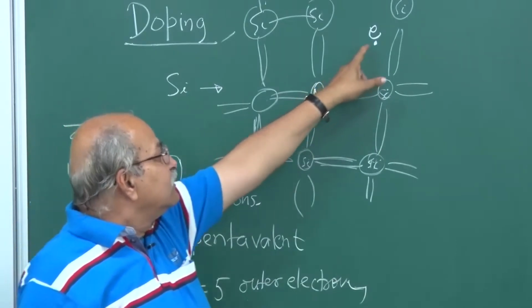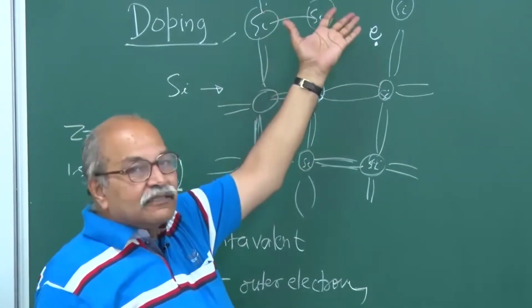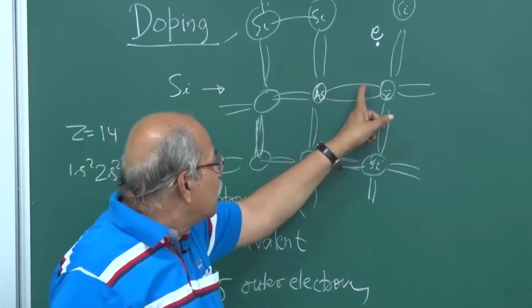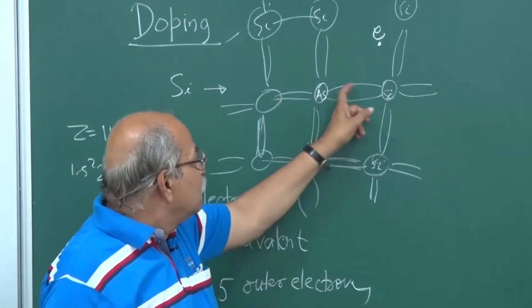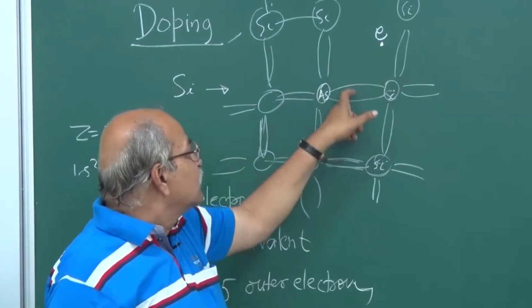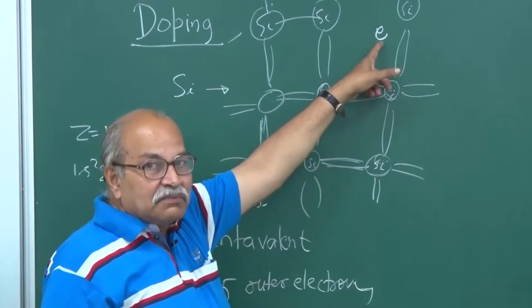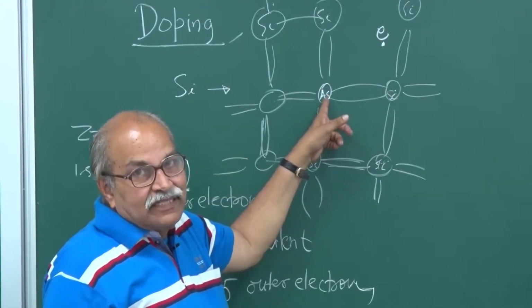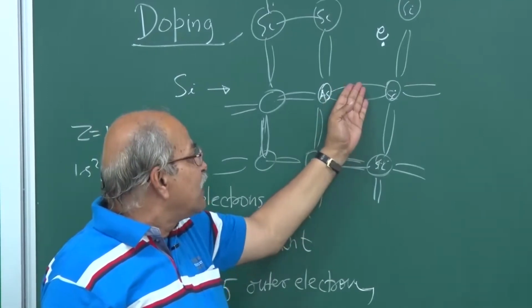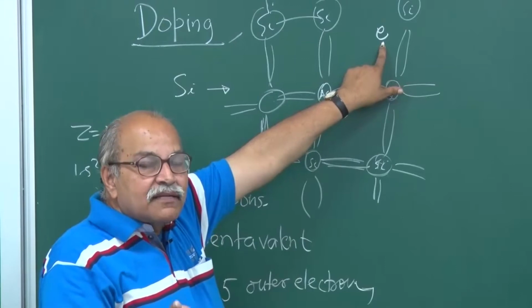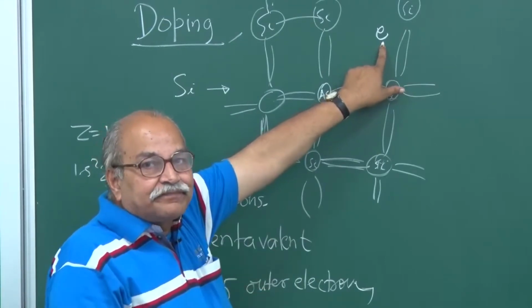but it's in a much higher energy. If an electron is taking part in bonding, its energy is very low, very low meaning in the valence band. But this one is not bonded, so it's very weakly bound to this atom. So compared to these valence band electrons, this electron will have much higher energy.